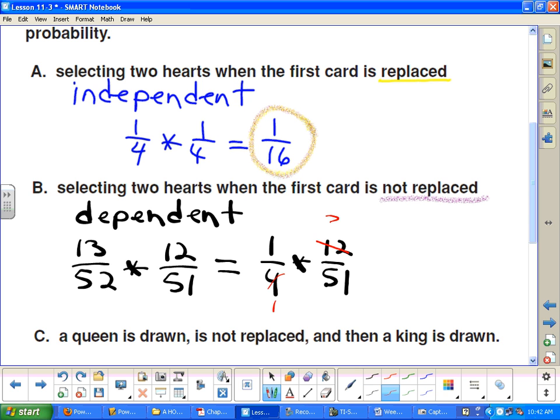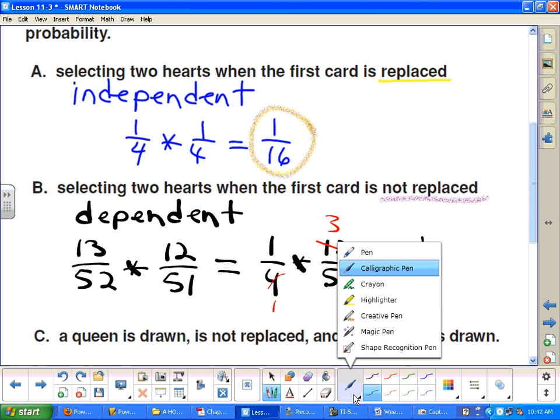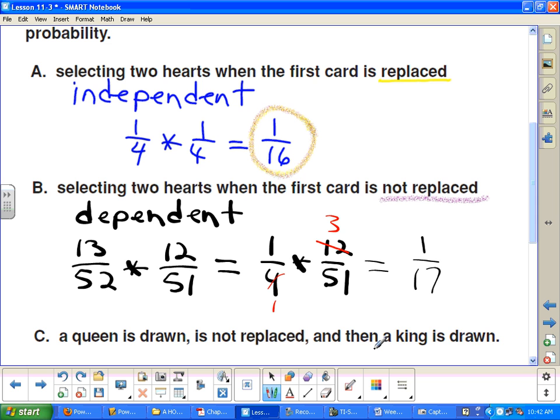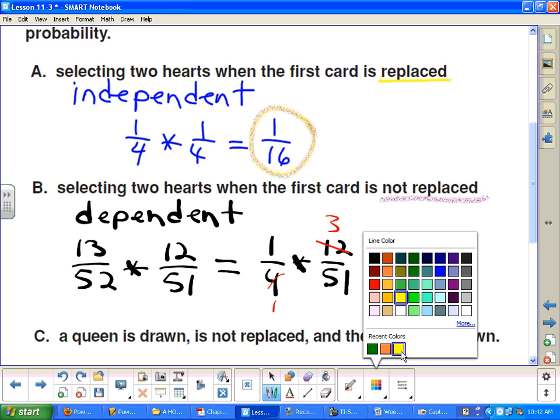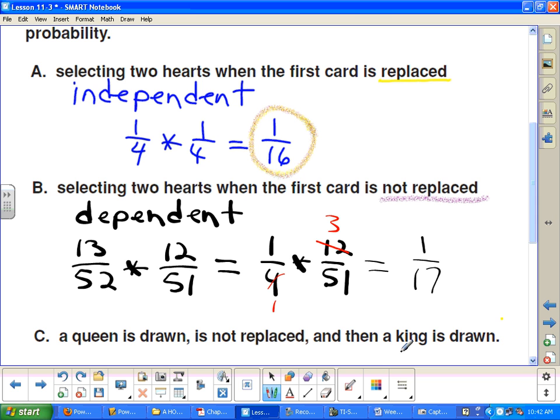We get a 1 here and a 3 here, and 3 goes into 51 17 times. So we get 1 over 17. All right, 1/17.